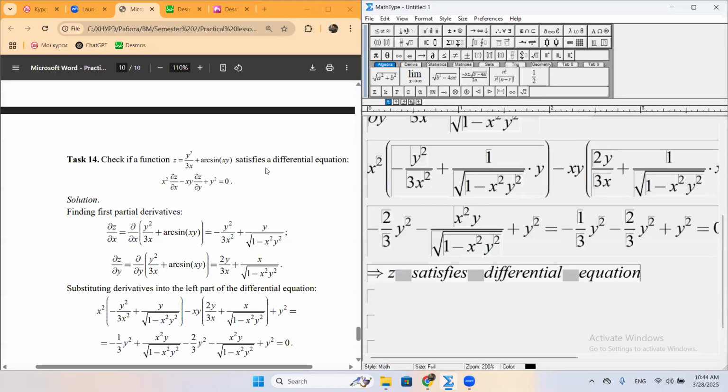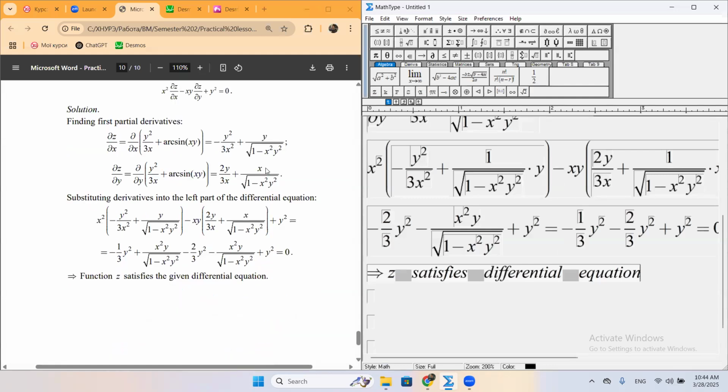Any questions about this exercise? About the whole lesson, about previous lessons, home tasks? We already can do the module test number 1. Yeah, it should be unlocked already, if I'm not mistaken. If it's locked, let me know.